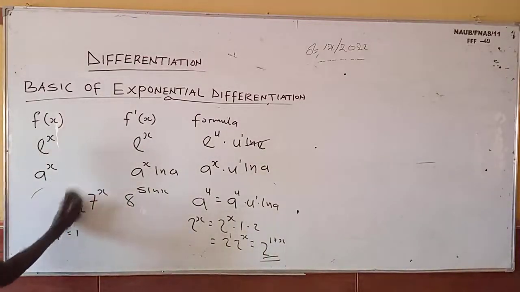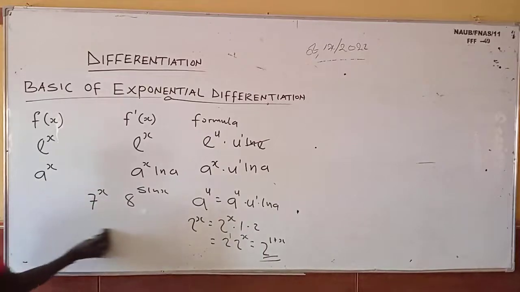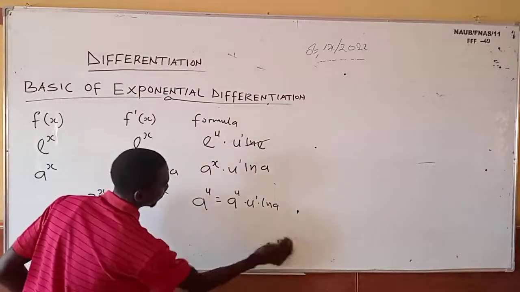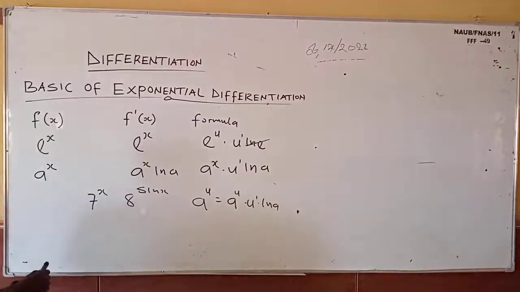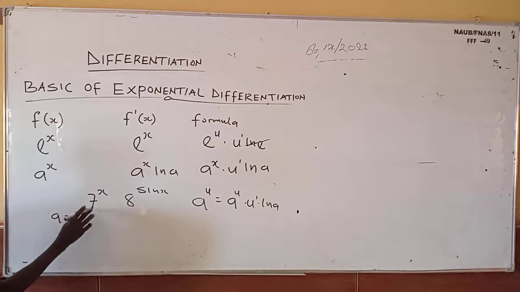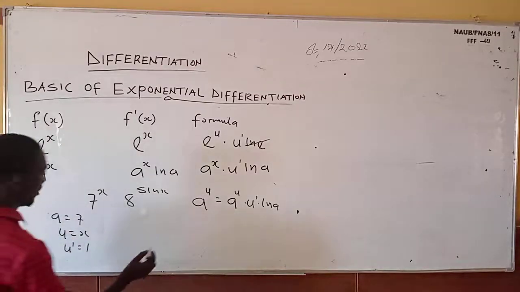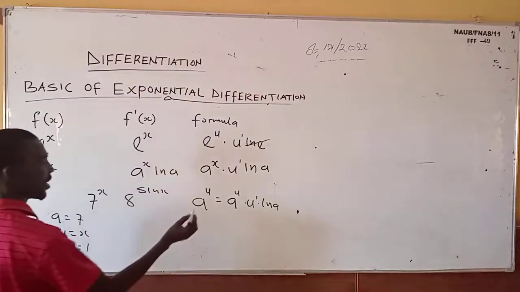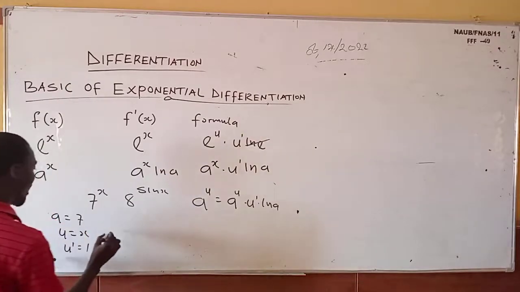So let's solve for the next one. 7 to the power of s. Let's start with a. This a is equal to 7. U is equal to what? s. U prime will be equal to what? 1. Substitute that here.